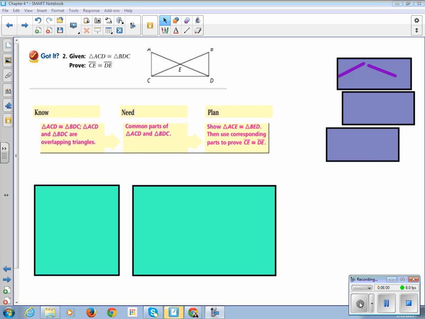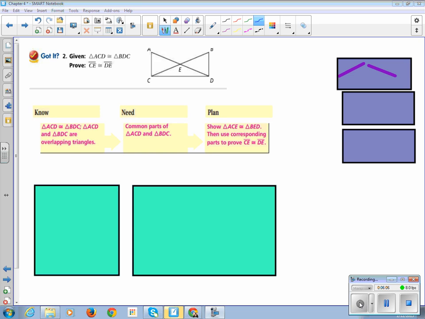And the plan to do that is we're going to show that the triangle ACE is congruent to BED, and then use the corresponding parts. So EC corresponds to ED. If we can show that these triangles are congruent, then we can show that those side lengths are congruent. Because remember, corresponding parts of congruent triangles are congruent.